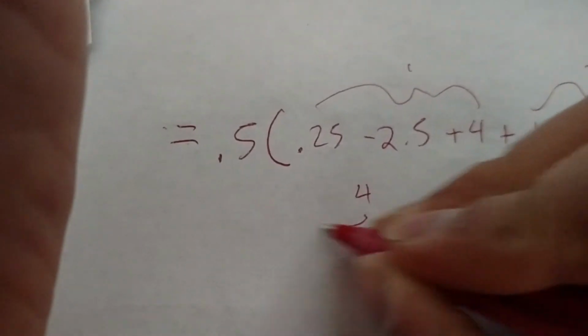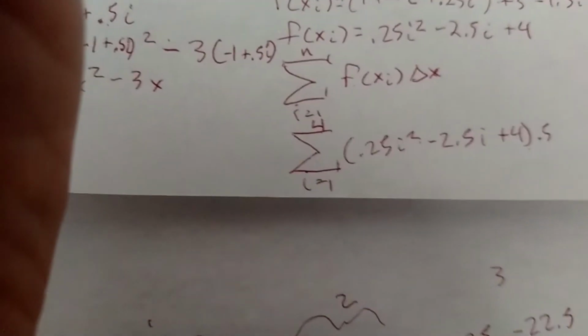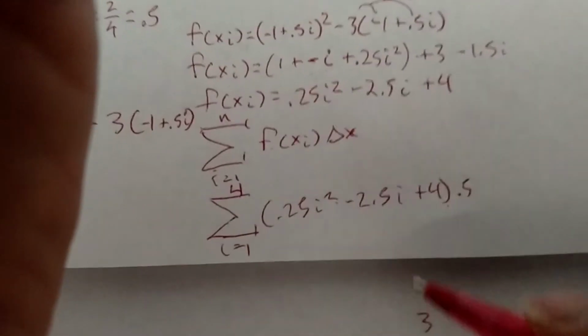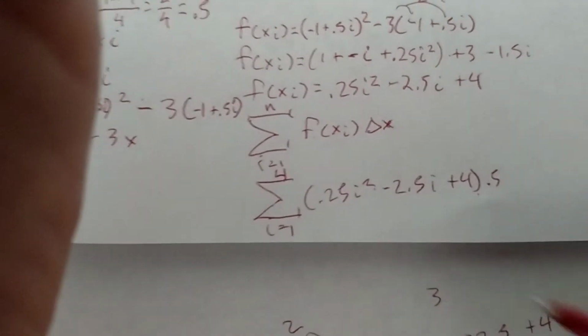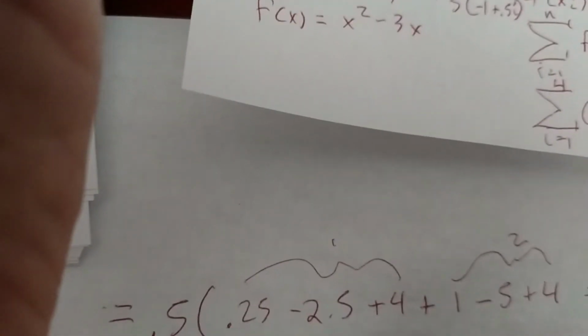Almost done. Now let's plug in 4. 16 times 0.25 is 4. Not 14, 4. 4 times negative 2.5 is negative 10. Okay, so we got our negative 10, and then we got our 4.